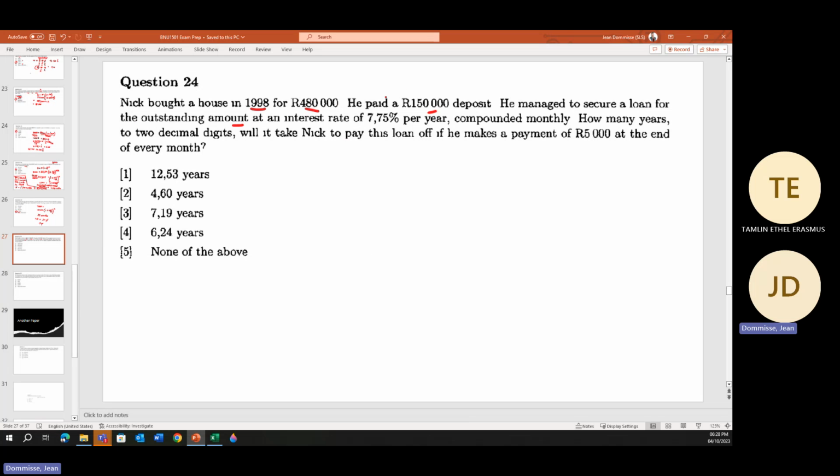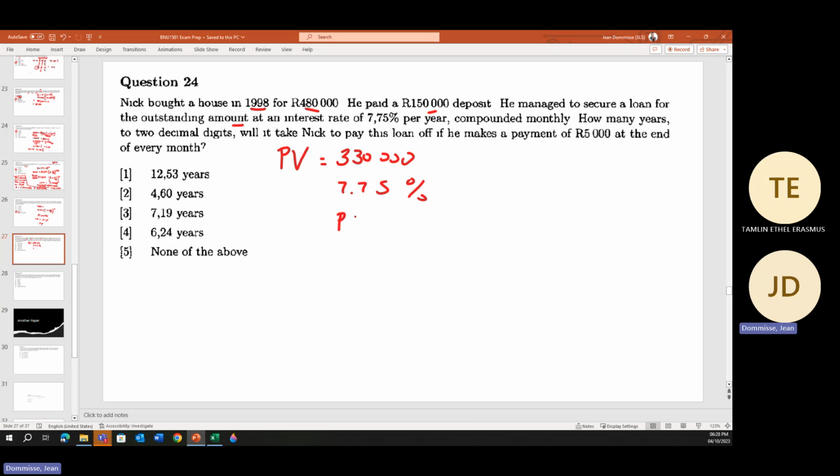So let's first see, the outstanding amount is 480 minus 150,000. So we're looking at an outstanding amount of 350,000. Then he managed to secure a loan for the outstanding amount at 7.75% per year compounded monthly.